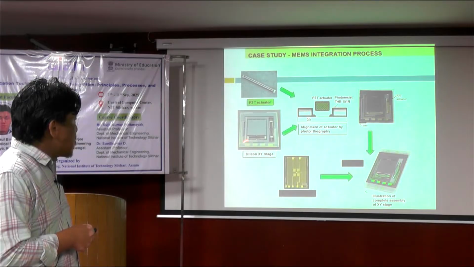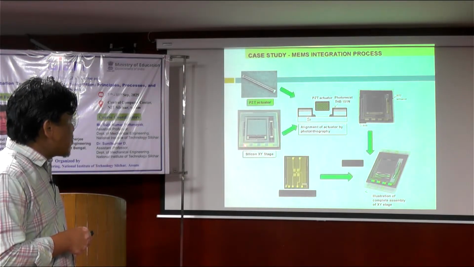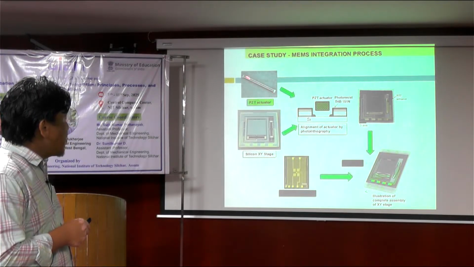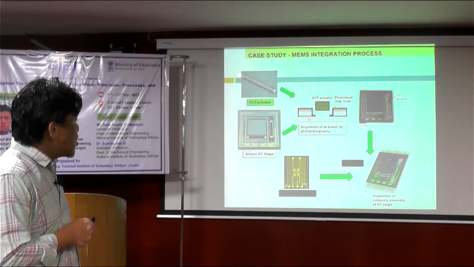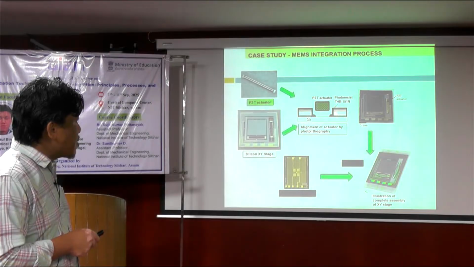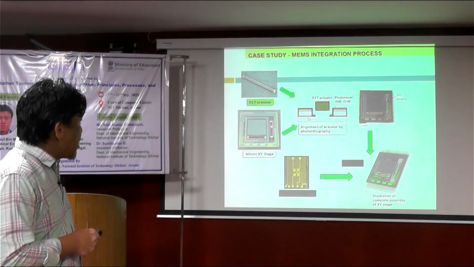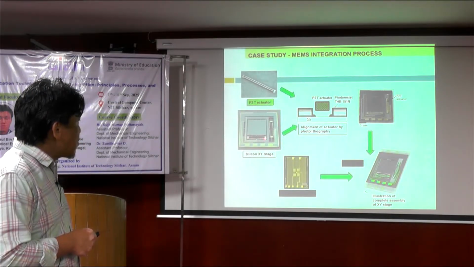So the silicon substrate is with the size of 20 times 20 millimeter. So it's very small, and this is with the size of 8 millimeter. So it's very small as well. So the integration is difficult. We want to integrate this PZT at this side and this side, okay, the location.